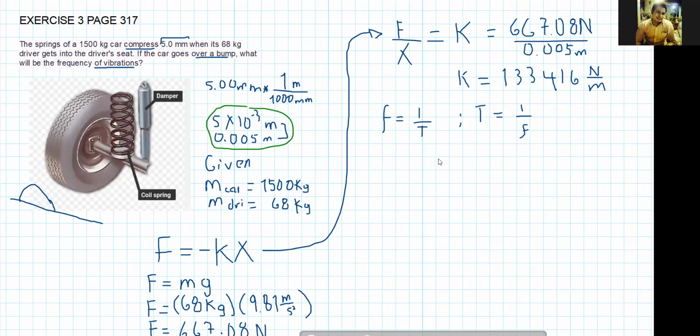Okay, so you need to copy this formula. This is for a sinusoidal system, in a simple harmonic motion.